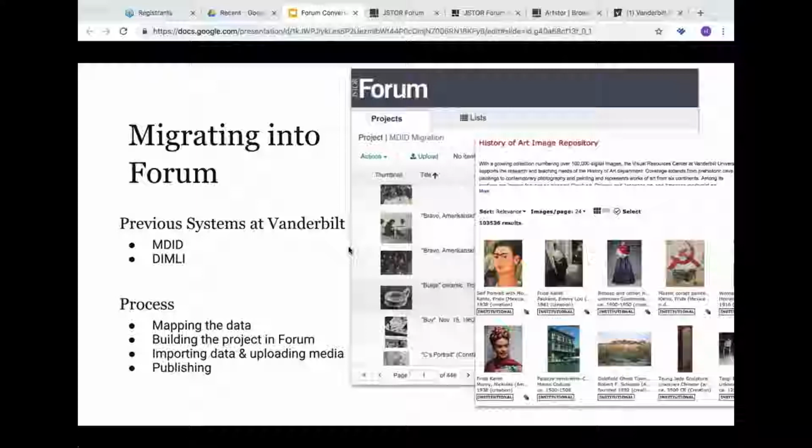But my phases usually run with phase one being just getting to know the data and the institution and the objectives and the workflows and everything that will hopefully be delivered by the end, and mapping the data in the fields to a project that can be built in Forum and collect everything that will be moving over.